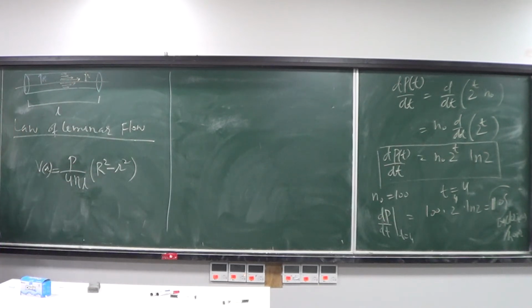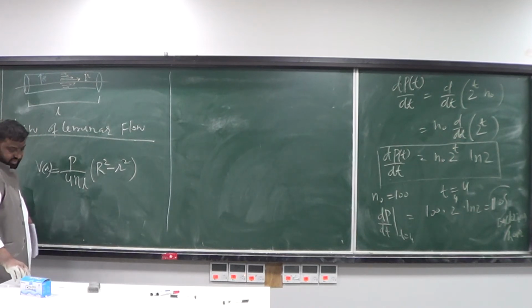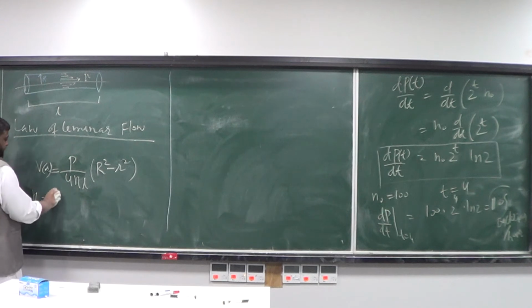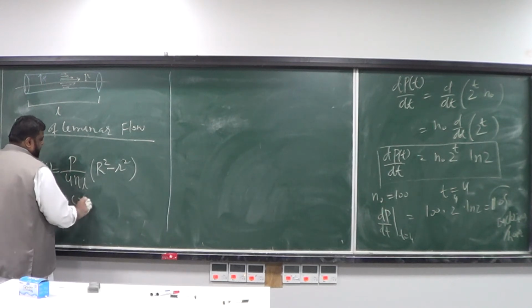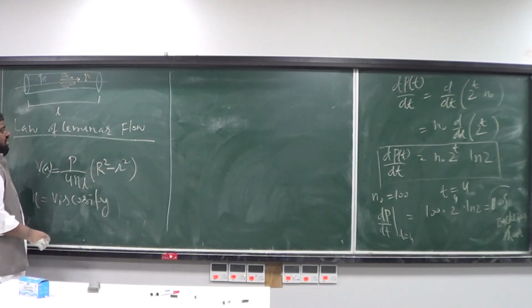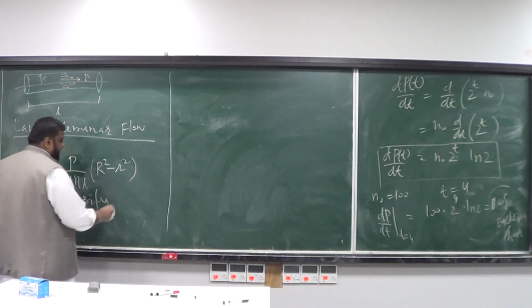And this is the law. So what is P? Let me say that eta is the viscosity of the fluid, here it's blood.